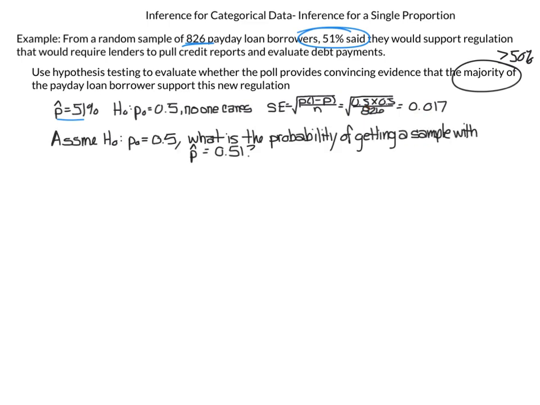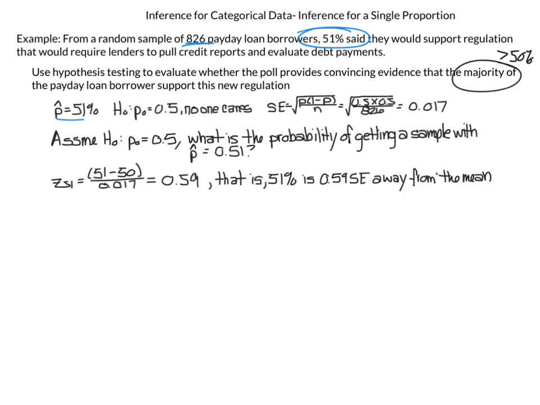And so the question of hypothesis testing becomes: if we assume H naught is true, that is p naught is equal to 50%, what's the probability of getting a sample with p hat equals 0.51? So we need to look at p hat, 0.51.